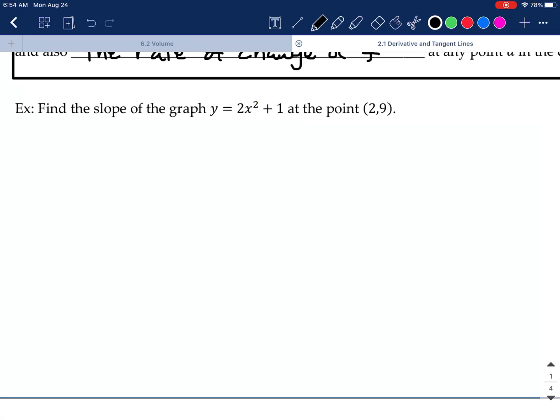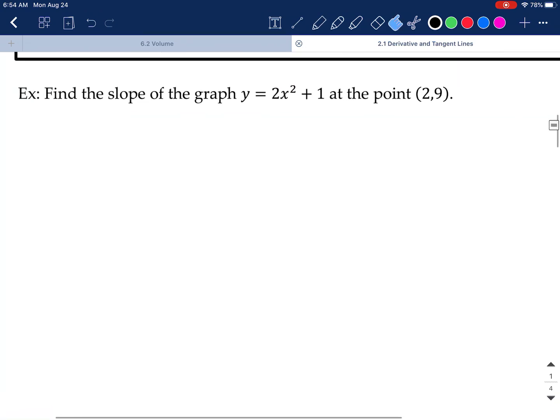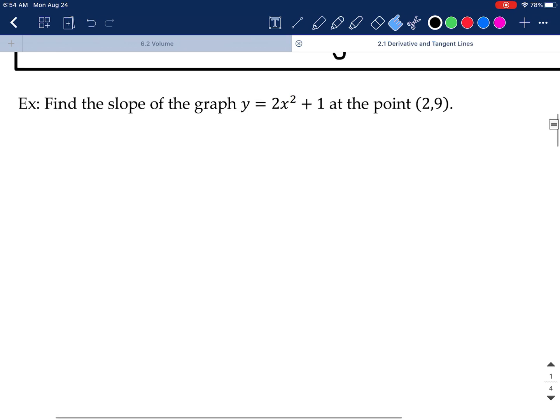So we want to find the slope. We have two options. We can do the slope function or the slope at a point. We'll call this y equals f of x.